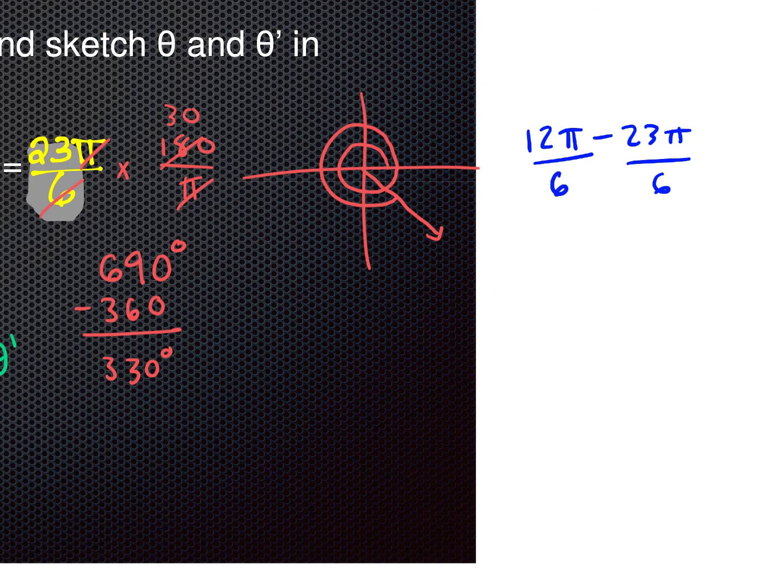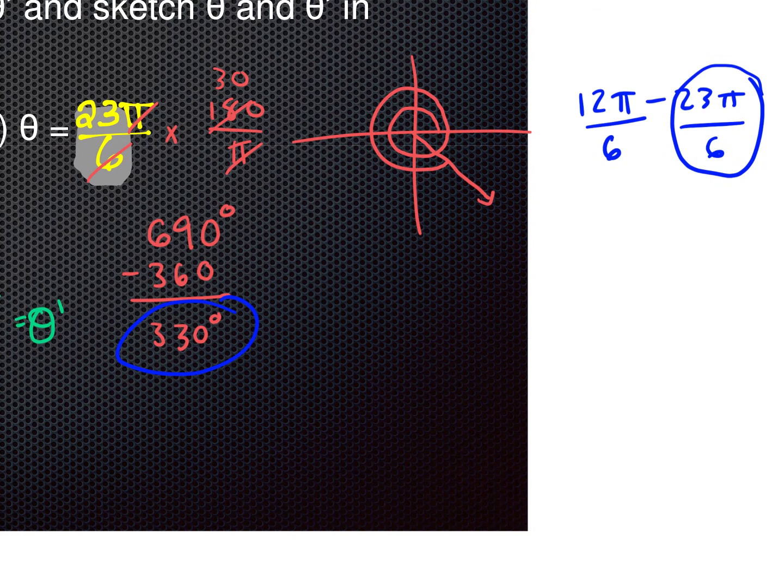How come you can't just subtract 330 minus? What we can do is use 330 because this is a coterminal angle that's on our circle. It's less than 360, one trip around. And just do 360 minus this. So 360 minus 330, which would give us 30, but we have to convert this back to radians.